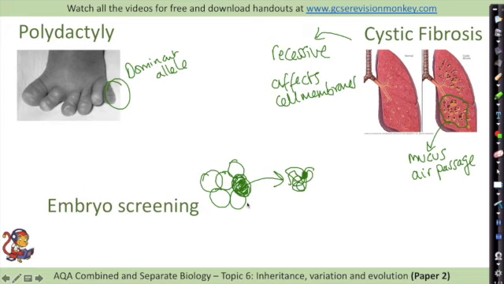Obviously, that has a lot of ethical and economical and moral advantages and disadvantages behind it, which I suggest you look further into. Main advantages are that it could eradicate some of these genetic disorders, but obviously there's a lot of debate surrounding it because you're choosing what embryos survive and live, and you're perhaps prejudicing people with these disorders, so there's lots of continuing debate around it.